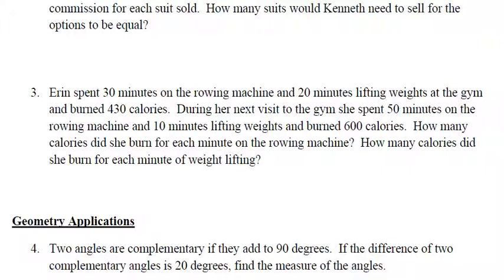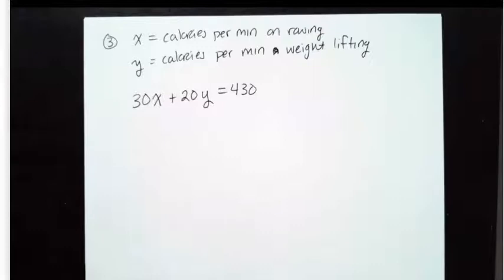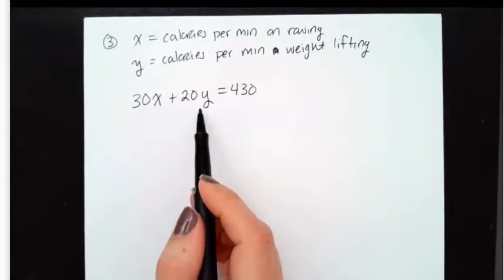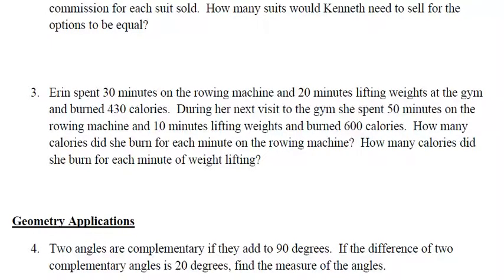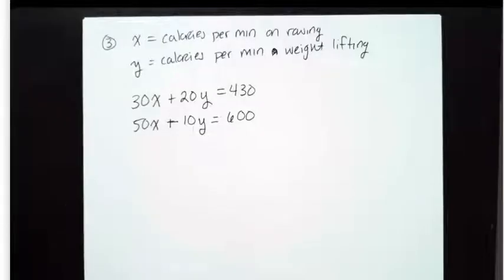So that first statement translates into the following equation: 30x plus 20y equals 430. The second statement, during her next visit to the gym, she spent 50 minutes on the rowing machine, so 50x plus 10 minutes lifting weights plus 10y, and she burned 600 calories, so equals 600.